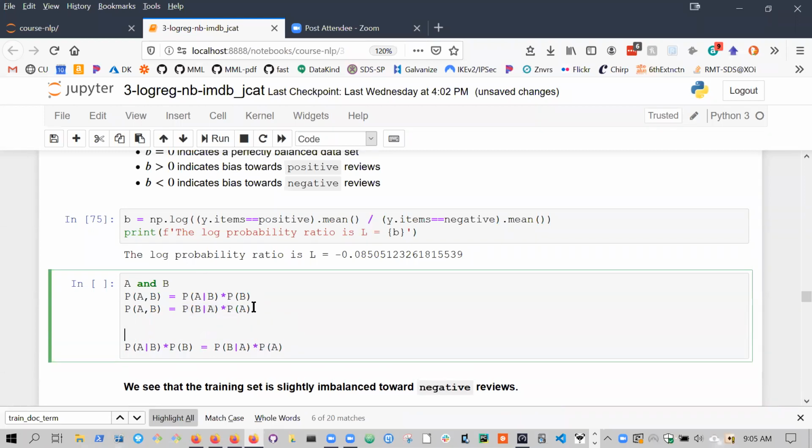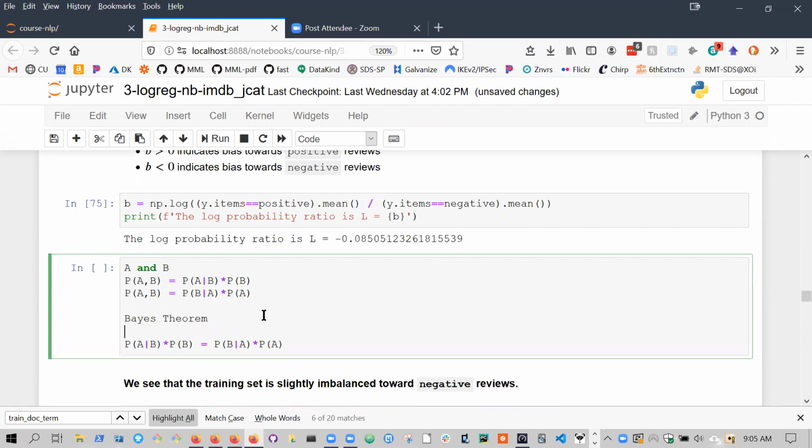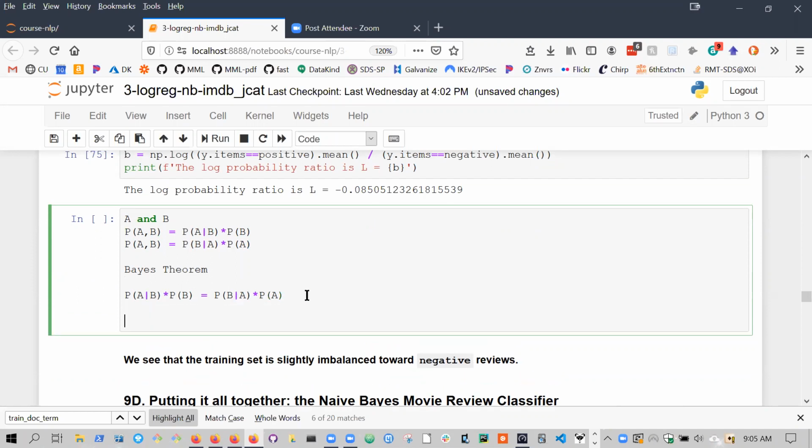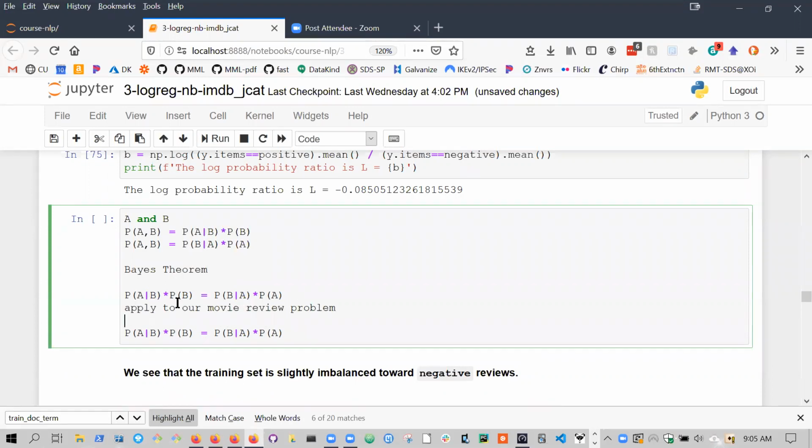And this is nothing less than Bayes' theorem. It's a statement about conditional probabilities. And so all we're doing in the naive Bayes classifier is we're identifying A with the class and B with the bag of tokens and applying this thing. So I can rewrite this whole thing now.